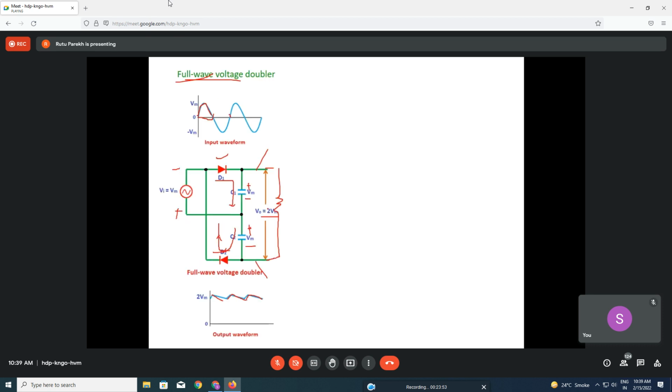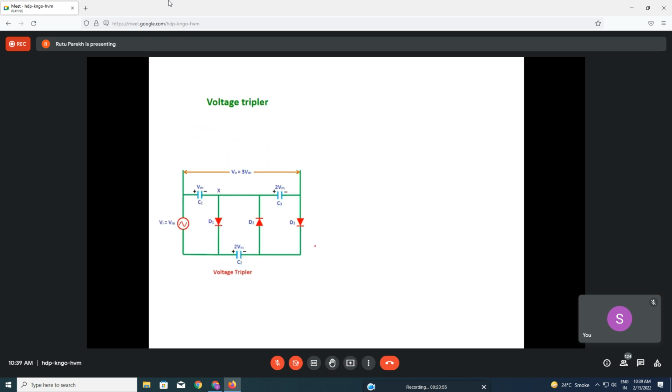So with that, this is simple. We'll go to the next one, that is the voltage tripler. Be with me on the same line. It's all about the polarity of how these things are connected.